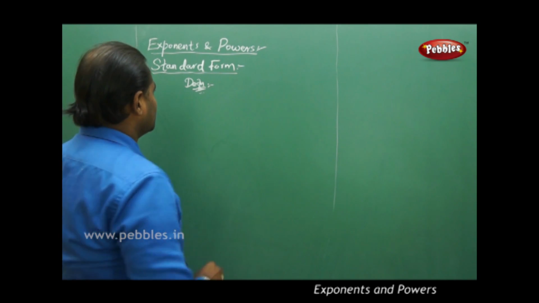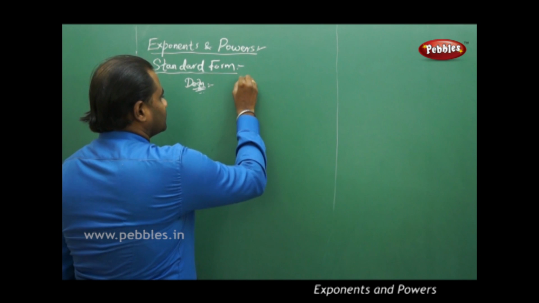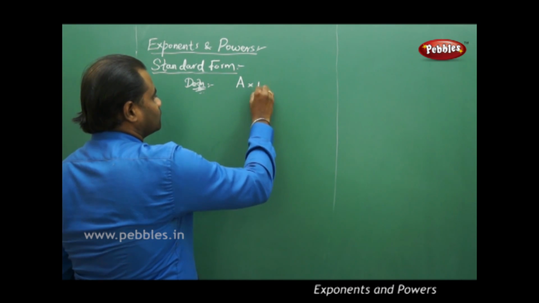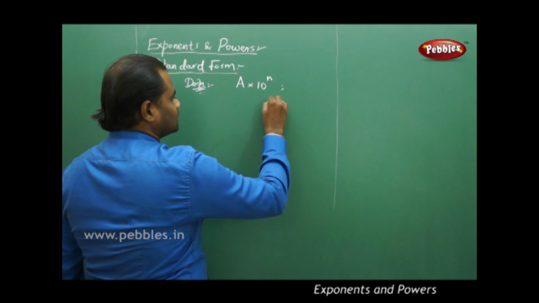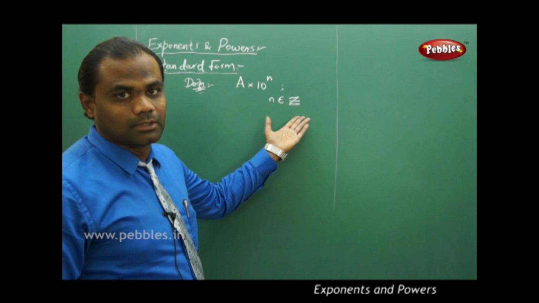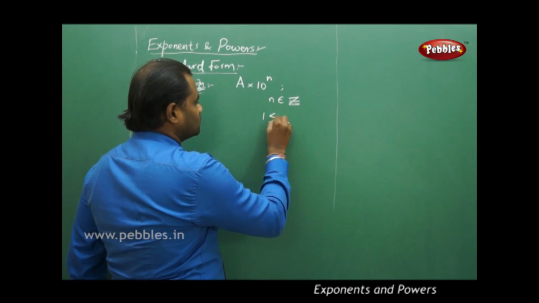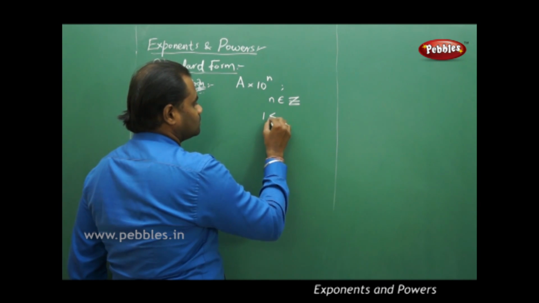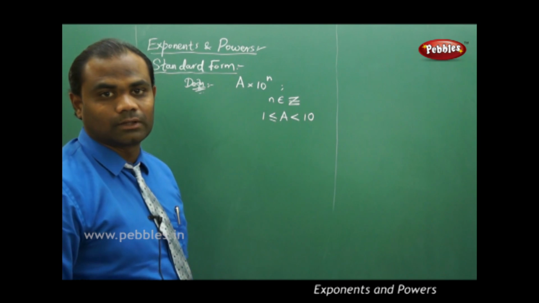So the definition says that any number which can be expressed in the form a times 10 to the power of n, where the condition is that n must be an integer, which we already discussed in the rational numbers topic. So n is an integer and a is a value which lies between 1 and 10, including 1.